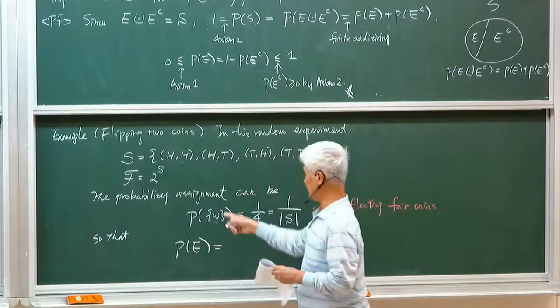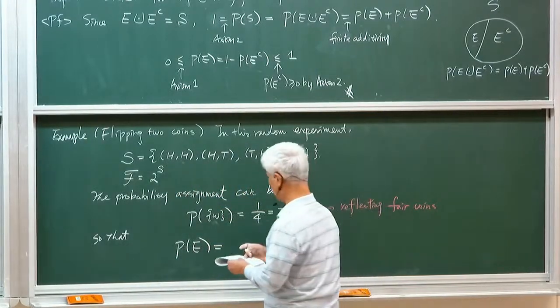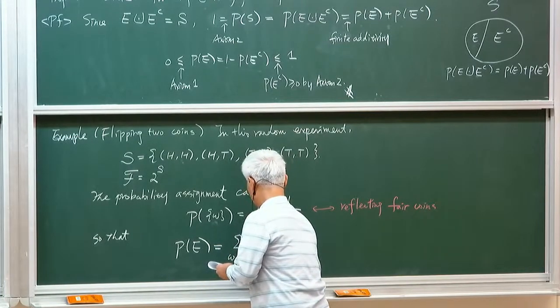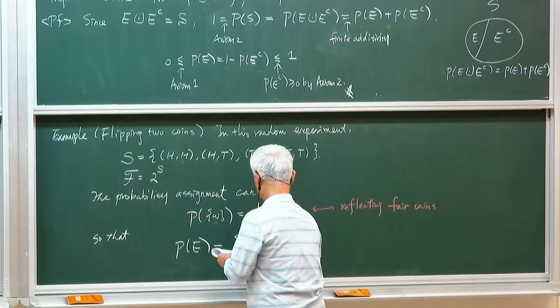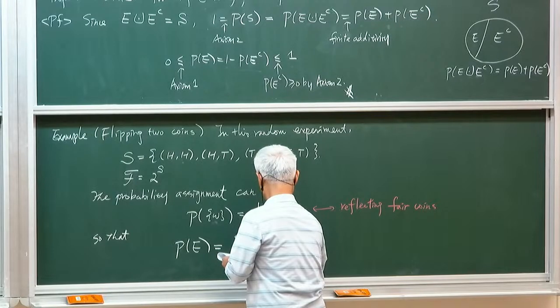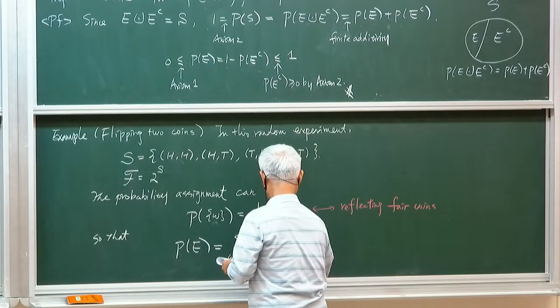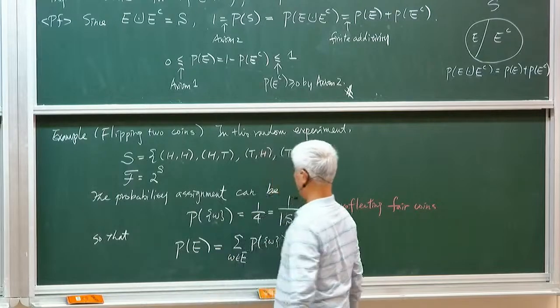So under this assignment, the probability of an event is equal to, we count how many outcomes it has. All right.